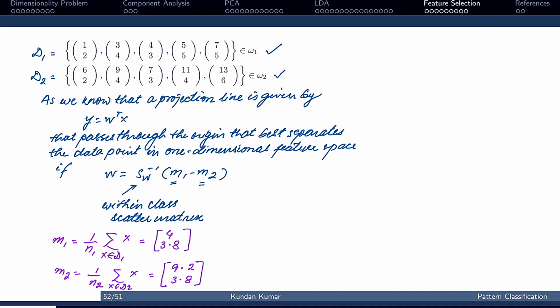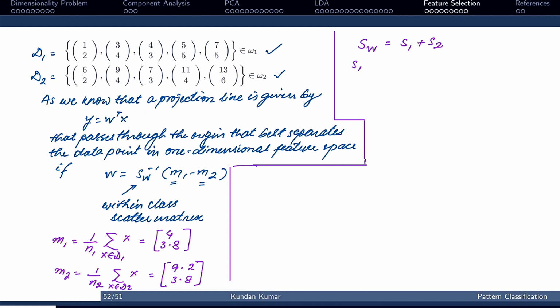Now, we need to compute the within class scatter matrix. So, how can we compute it? As we know, the within class scatter matrix is the summation of the individual class scatter matrices. So, here S1 is the scatter matrix of class 1 and S2 is the scatter matrix of class 2. Now we have to compute the scatter matrix of class 1, which is basically x minus M1 into x minus M1 transpose, where x belongs to set 1.